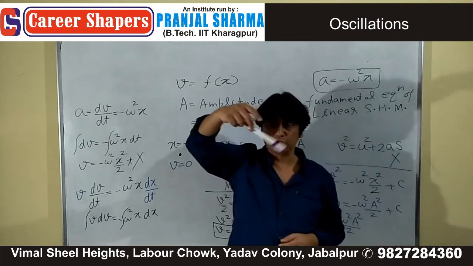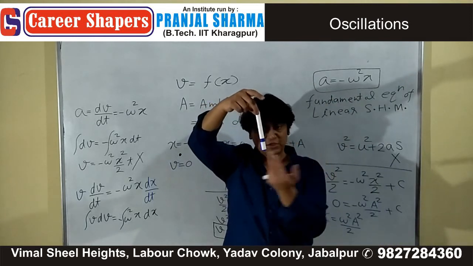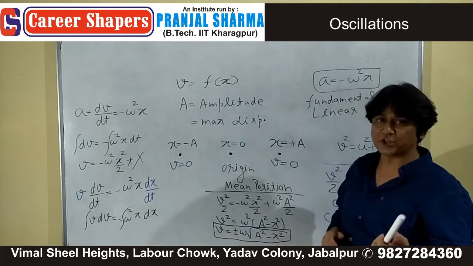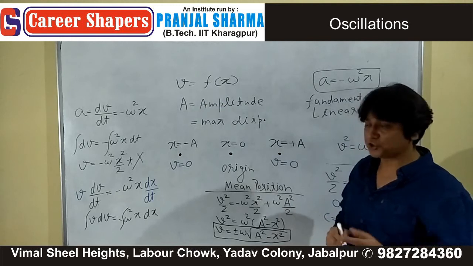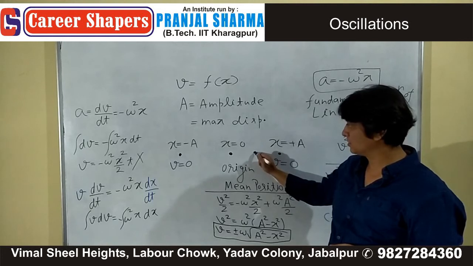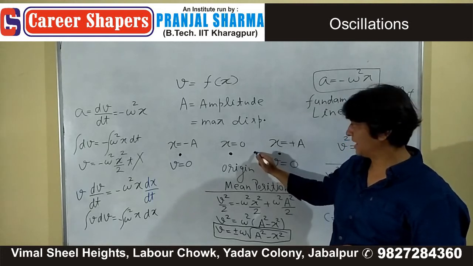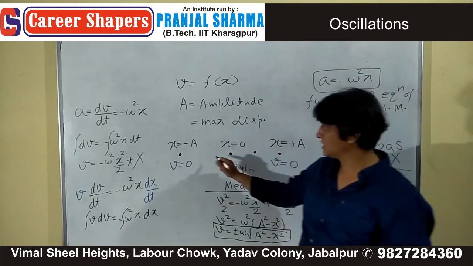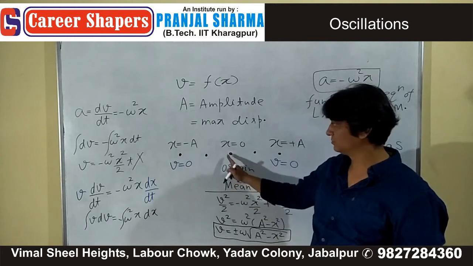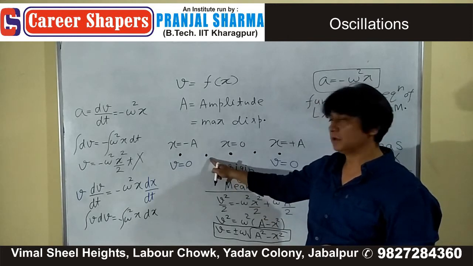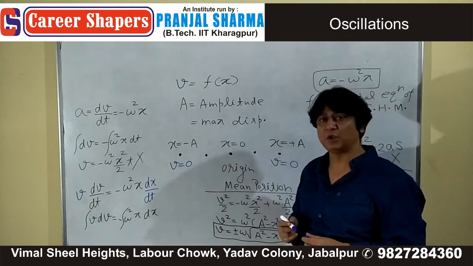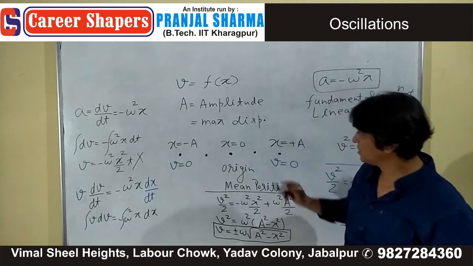In an oscillatory motion, this side and this side, they both are identical. The only change is of direction. If an object is at this position, then at the same distance from the mean position, you will have the same behavior. The only change will be in direction only.